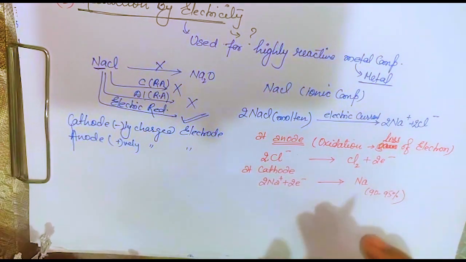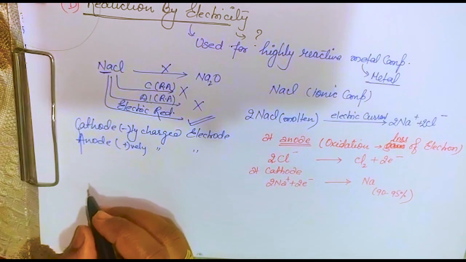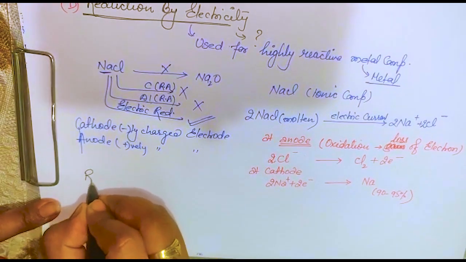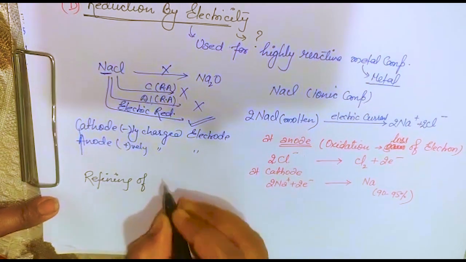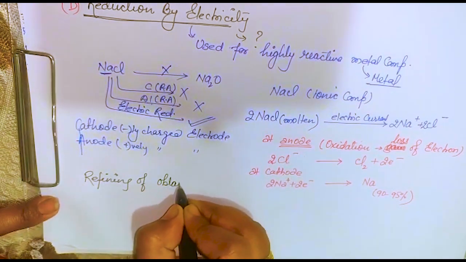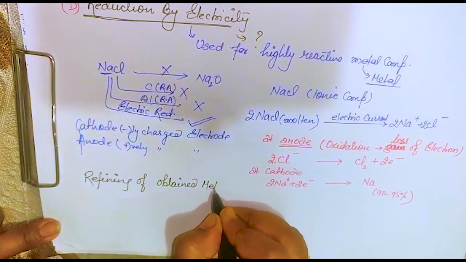Now the fourth and last step of metallurgy, that is refining. So that is the last step, refining of the obtained metal, whatever metal we obtained by all these methods. So now we will do refining.